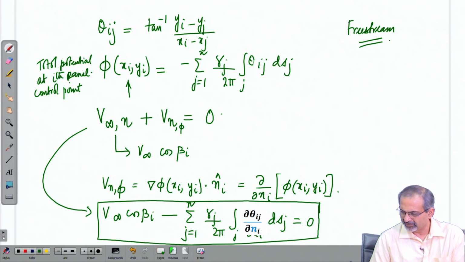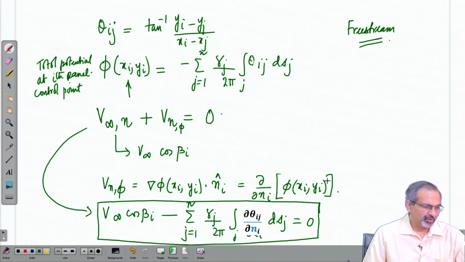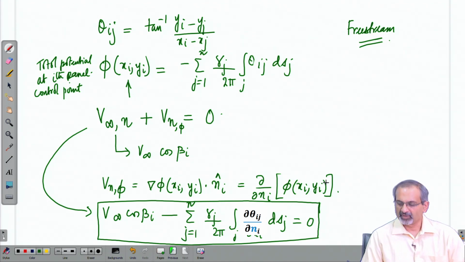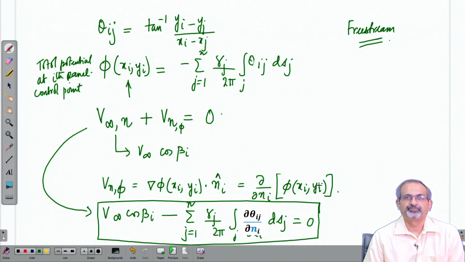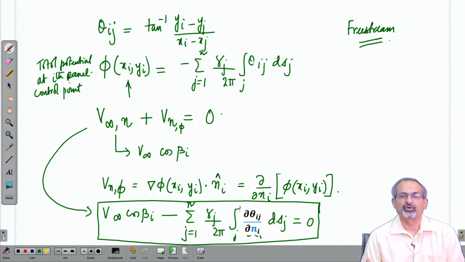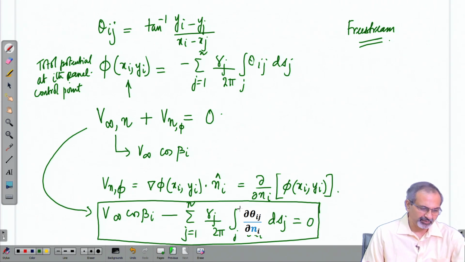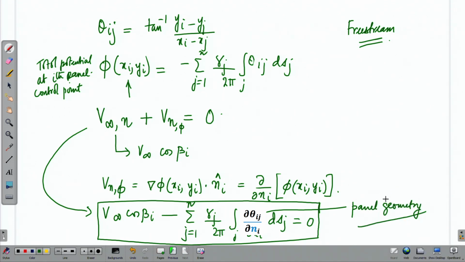And remember that all the entries here in this equation apart from the gammas are based on the geometry of the airfoil, because the theta ij's are all dependent on the locations of the control points on the panels, and therefore, it is actually coming from the panel geometry. So, these are all panel geometry dependent, and once you specify the geometry, they will just come out as some numbers.